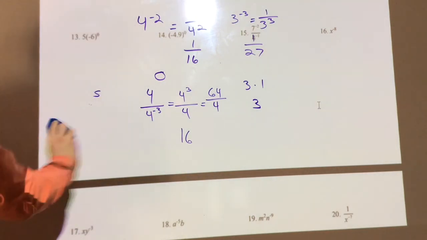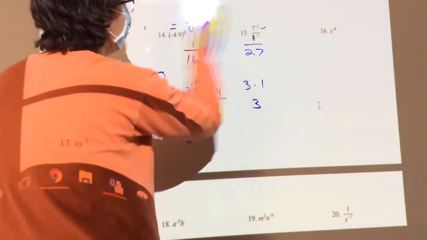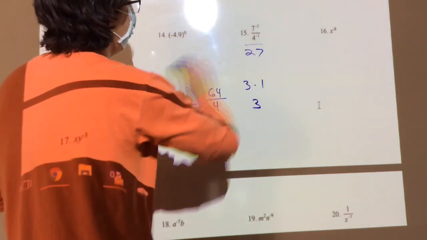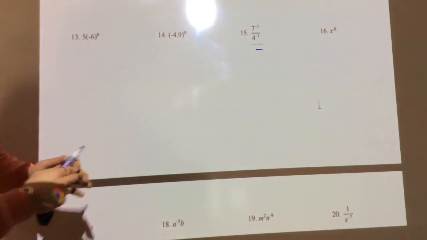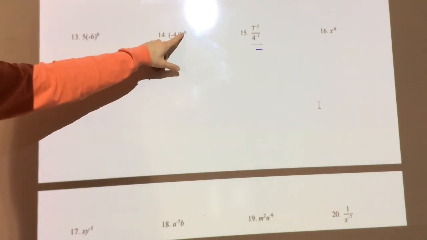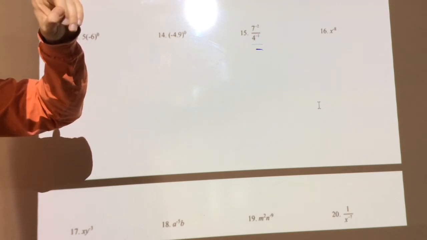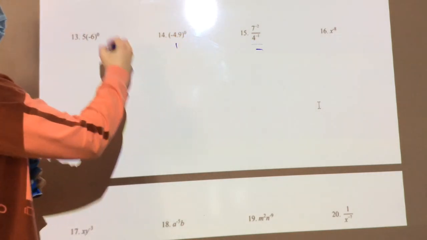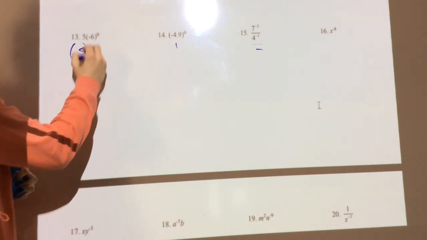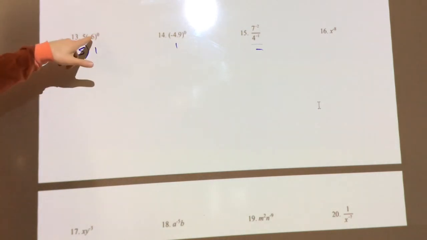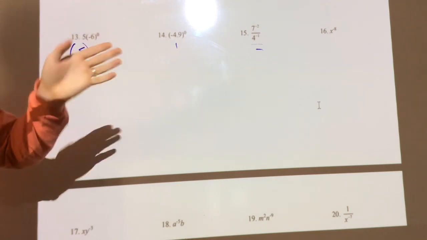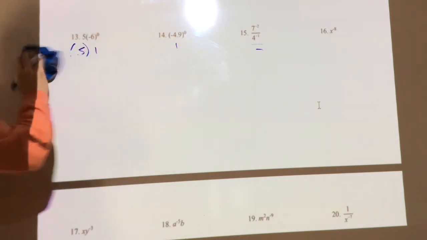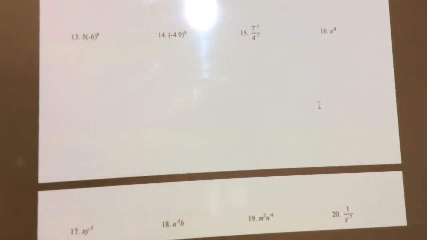Yeah, the only reason it's in there is because they want you to multiply that, and anything to the 0th power is still going to be 1. So this one would just be 1. This one would be 1 times 5. Does that make sense? It's just putting it in the parentheses because of the negative to show that it's attached to that problem. That's all it's doing. But yeah, it's the same exact thing. Okay, we're still good there?